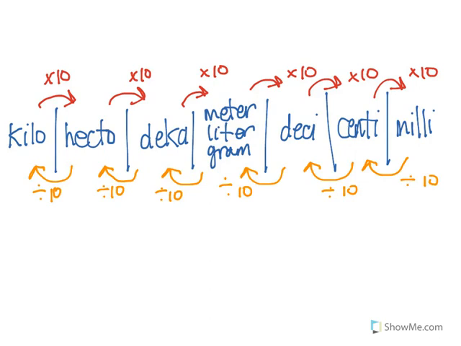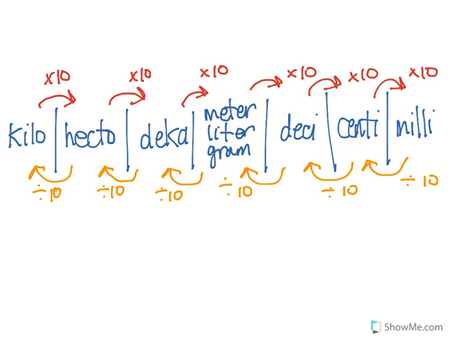So when we think of metric units of measure, we need to remember that when you're starting from a larger unit of measure and going to the smaller units of measure, I'm looking at the red, each place is 10 times greater than the place in front of it. So if I'm at meters and I'm going to centi, I'm going to times by 100 because there's 2 powers of 10, the deci and the centi.